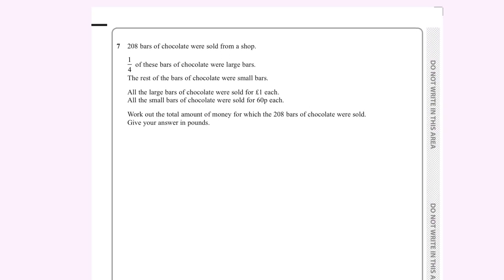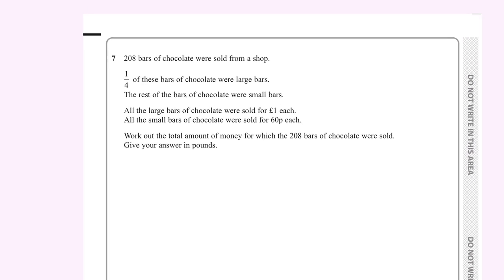Okay, our first proper wordy one. The words have come out for this one. I haven't actually used a calculator yet, so we might get to use that soon. 208 bars of chocolate were sold from a shop. A quarter were large. Okay, so let's look at the key bits of info: 208, quarter, large. The rest were all small bars.